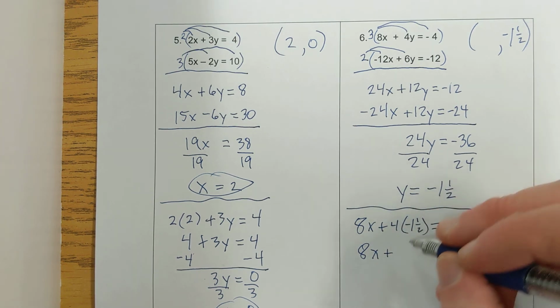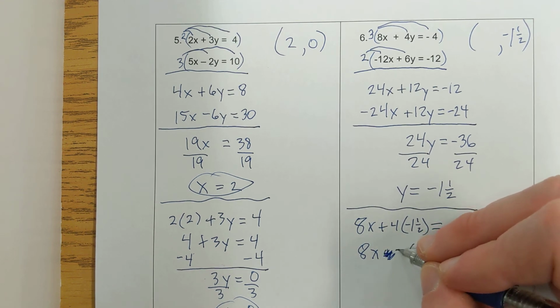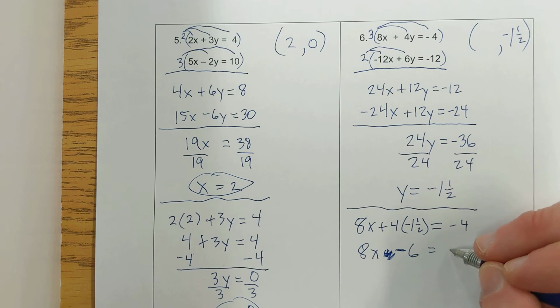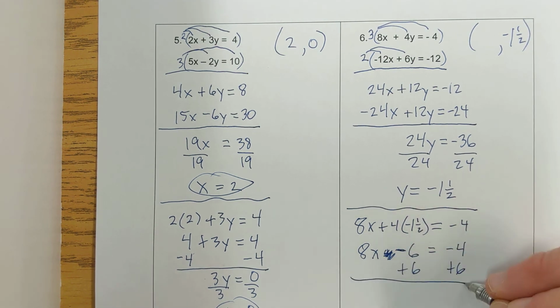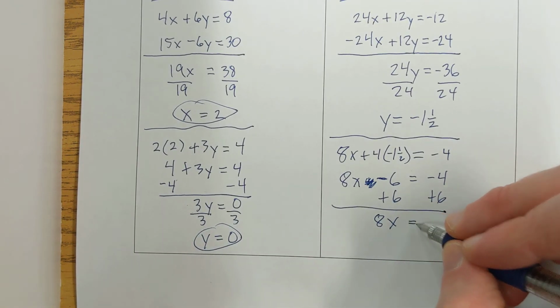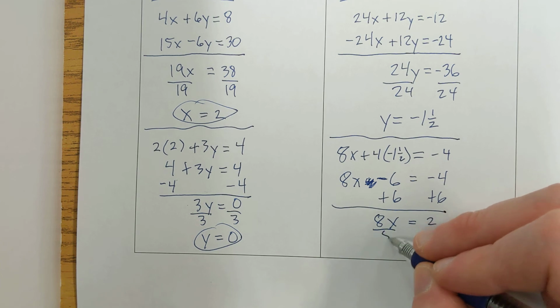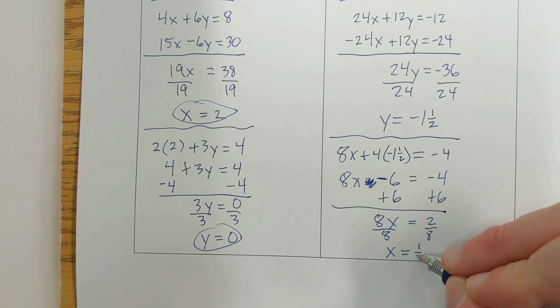When we multiply that, we're going to get minus 6. So actually it's not plus, it's going to be minus 6 is equal to negative 4. I'm going to add the 6. I get 8x. Oops, I'm running out of space there. 8x is equal to 2. I divide by 8, and 2/8 will simplify into 1/4.